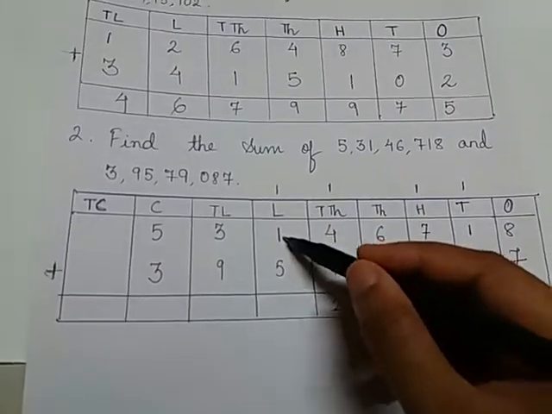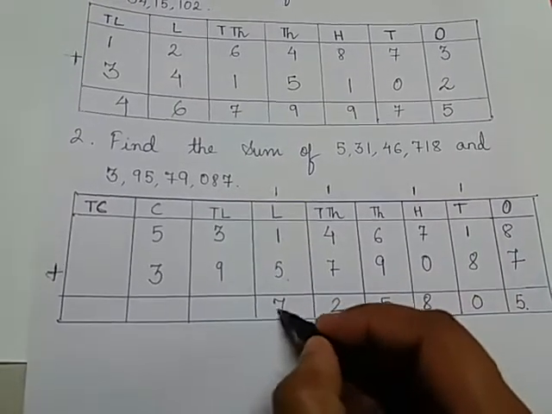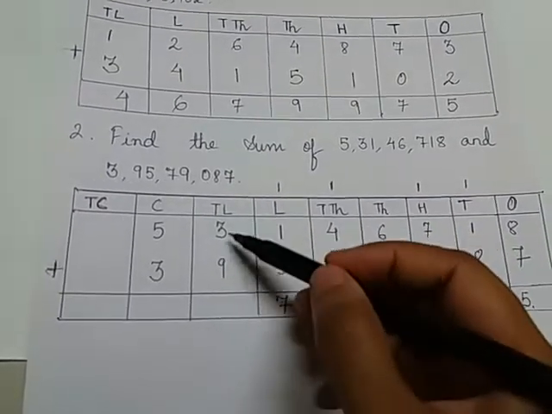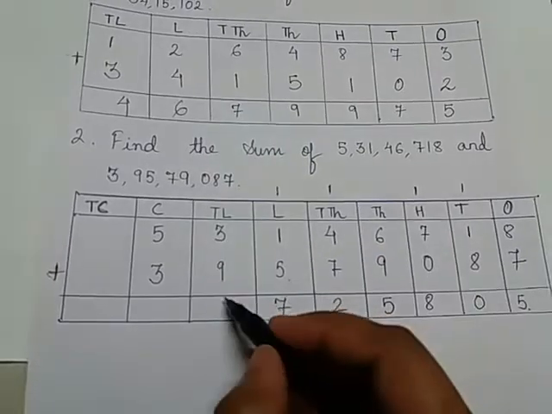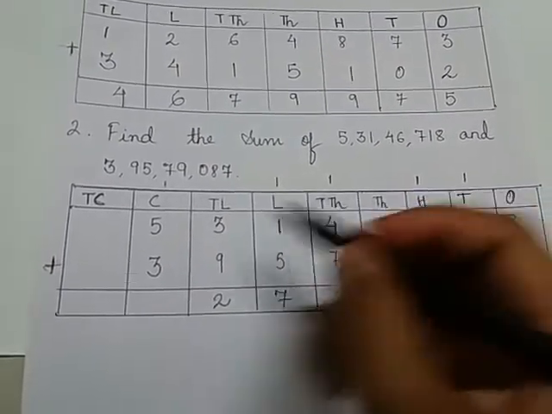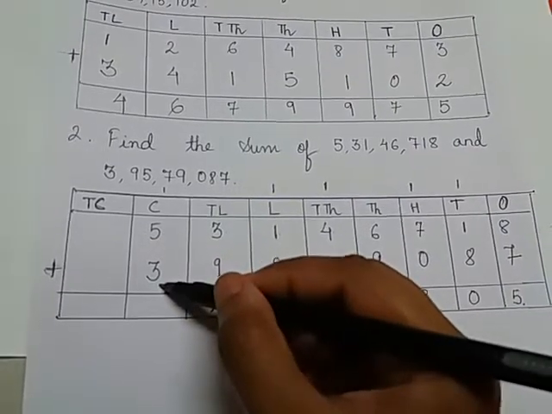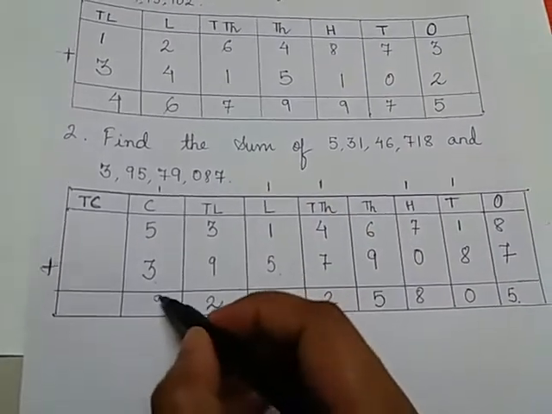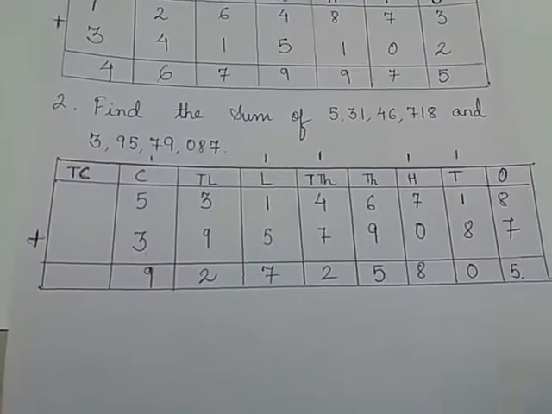5 plus 1, 6 plus 1, 7. 9 plus 3 is 12. We will put 2 here. We will take 1 as a carry over. 5 plus 3 is 8 plus 1, 9. So this is our answer.